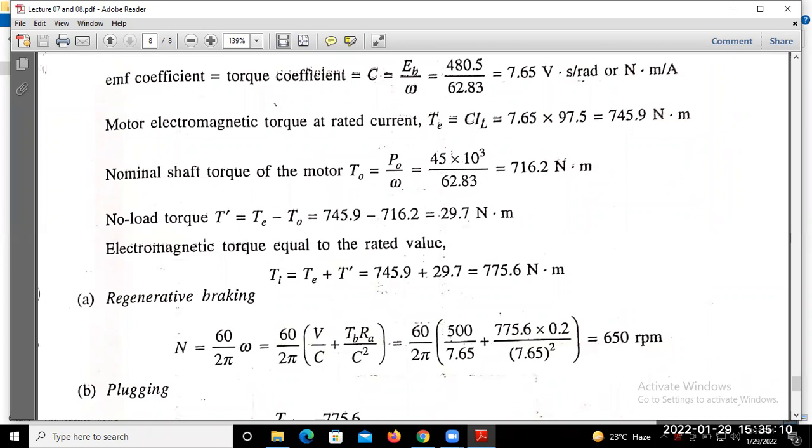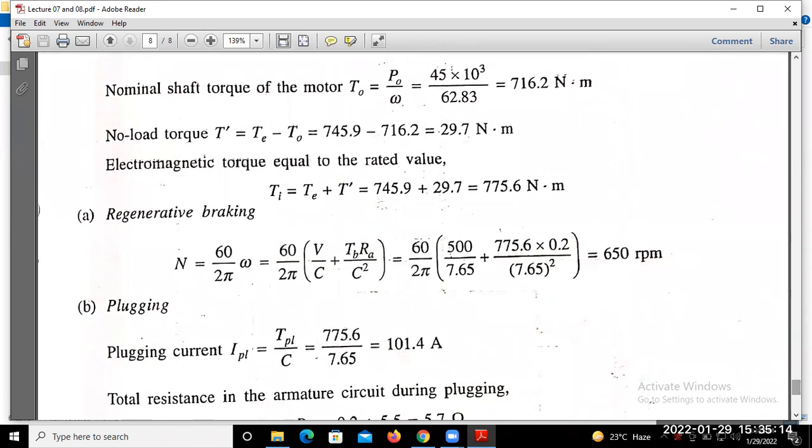What will be the case for the plugging braking? Just to find out the plugging current, plugging current equals plugging torque divided by the constant term, since the torque is some constant into current.